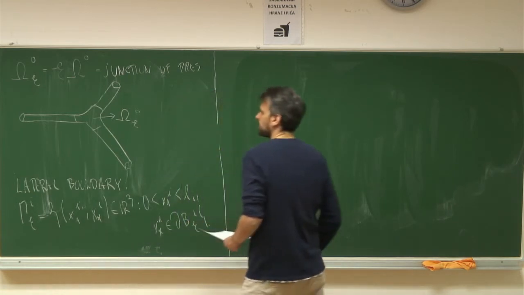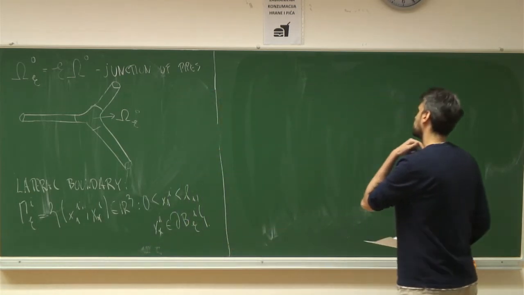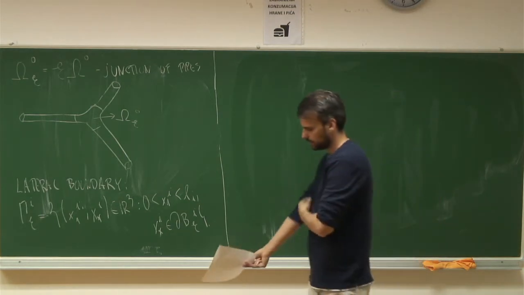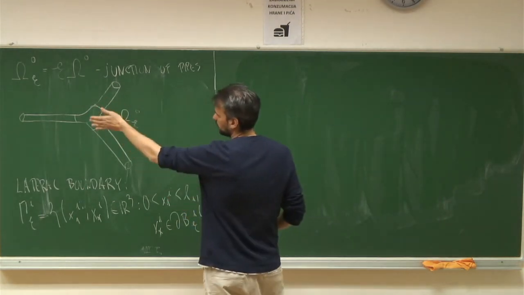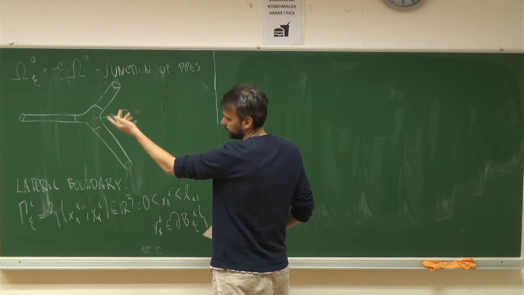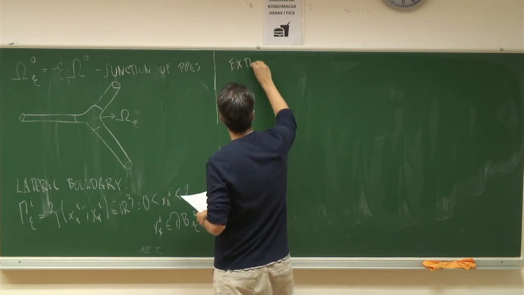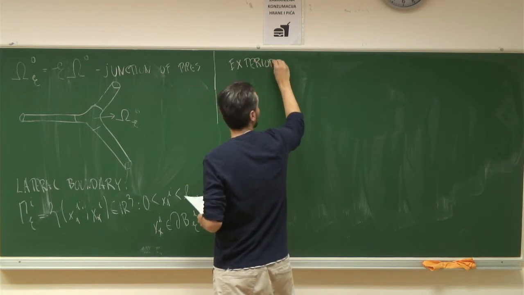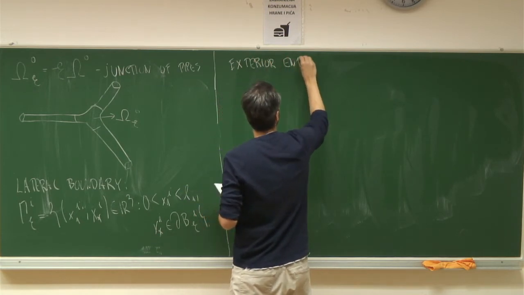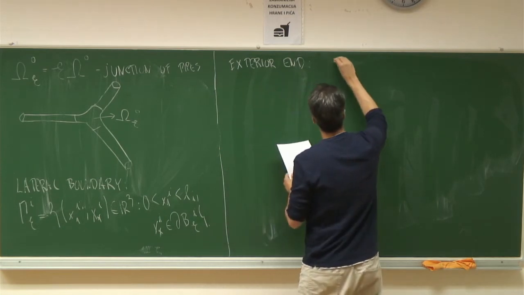Okay, and you don't have, as usual, two ends of the pipe, but just the m exterior ends. So you have the exterior end, which is given in this form.